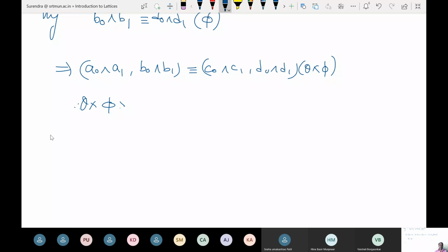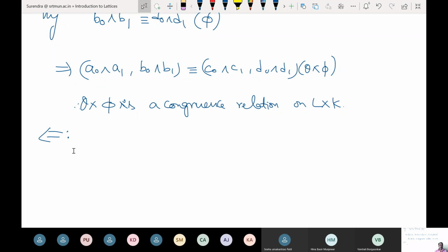Therefore theta cross phi is actually a congruence relation on L cross K. We will see the converse part next class.